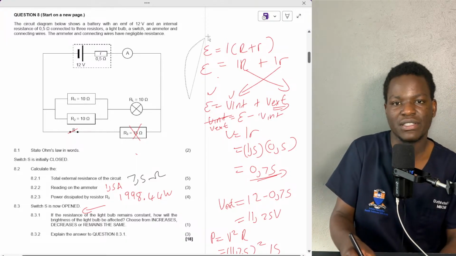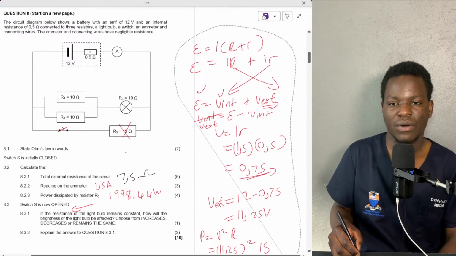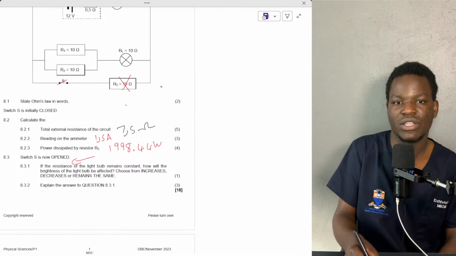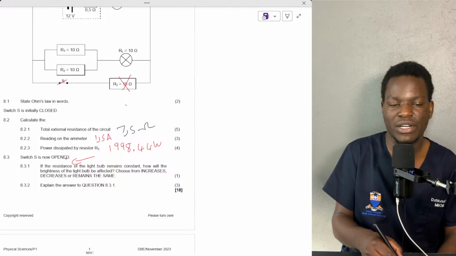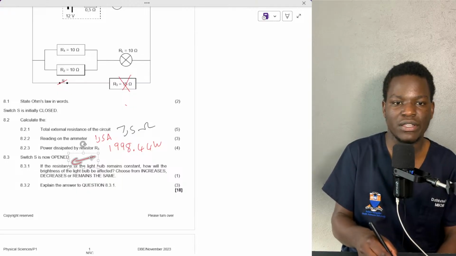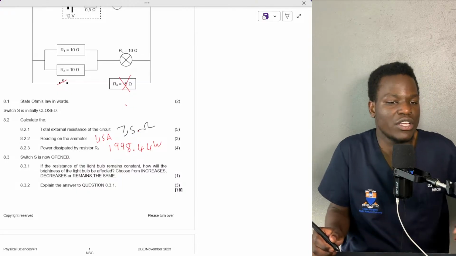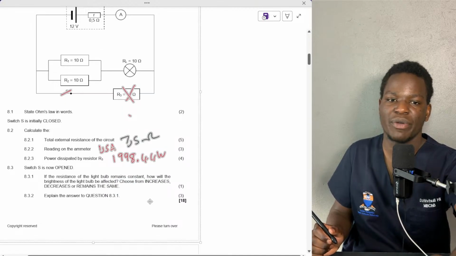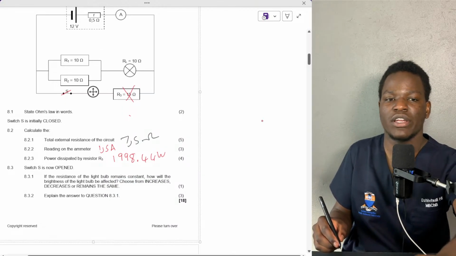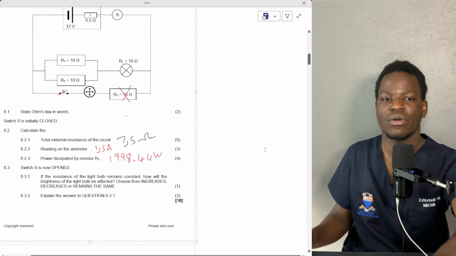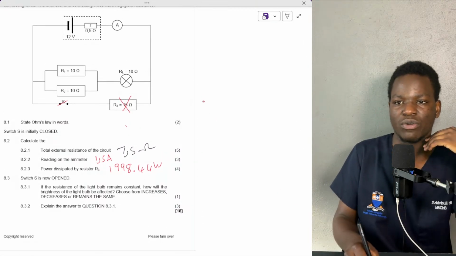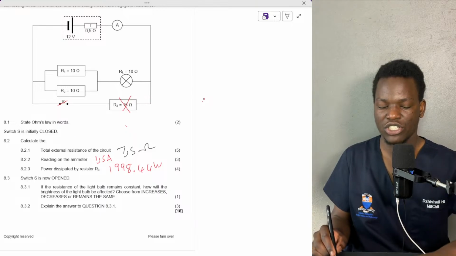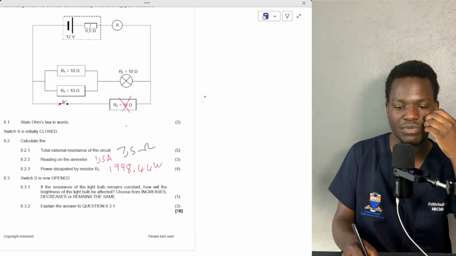You can calculate the power before and after and show what happened. Here they didn't say not to use calculation, so you can use calculation to explain in 8.3.1. In 8.3.2, the other one says without using calculation, but here they didn't specify, meaning you can choose whether to use calculation or not.